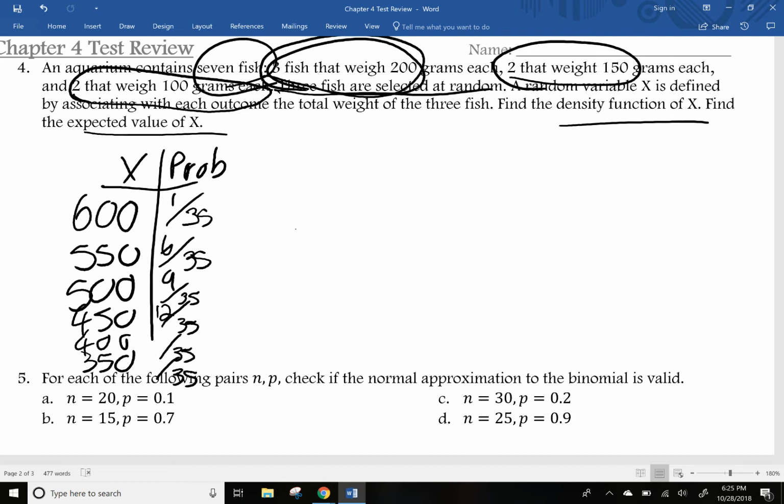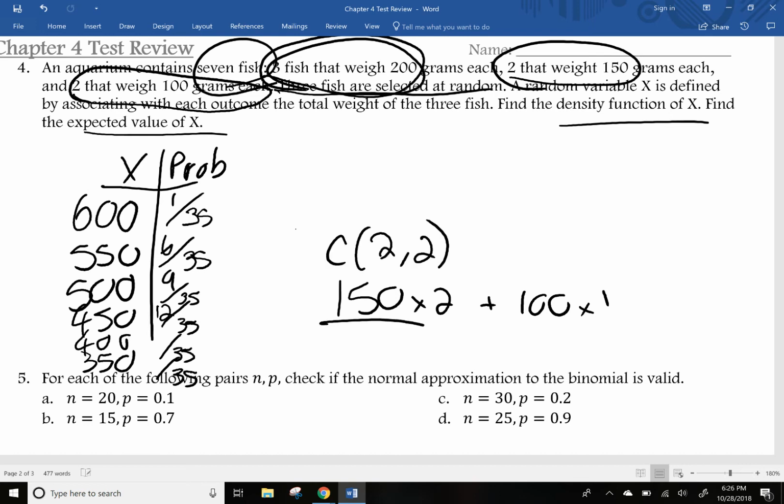400 occurred with the two 150s and one 100. So that's a combination of two choose two, because there are two 150-gram fish and you're choosing both of them, multiplied with the combination of two choose one, because there are two 100-gram fish and you're choosing one of them. So that is 2, I believe.